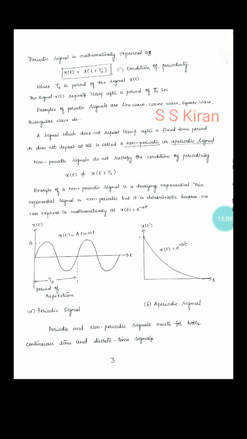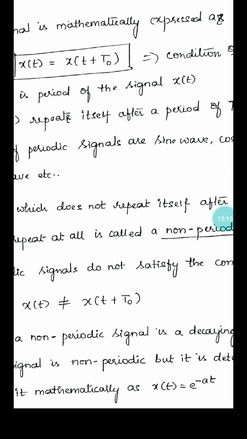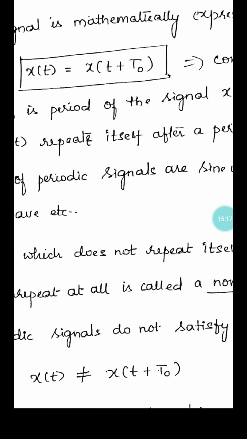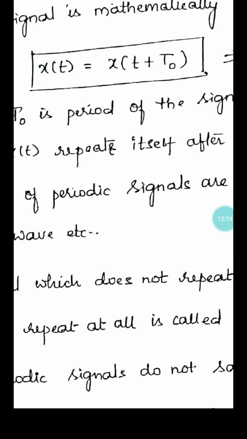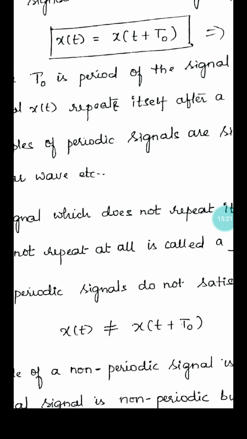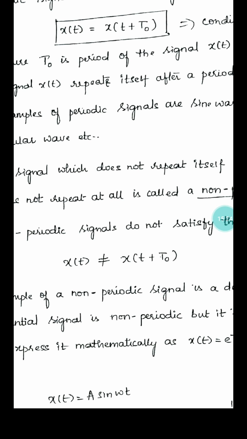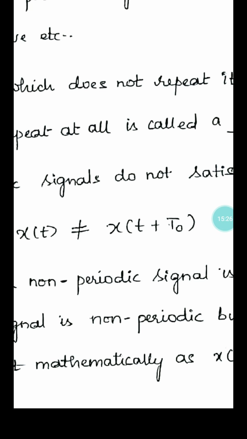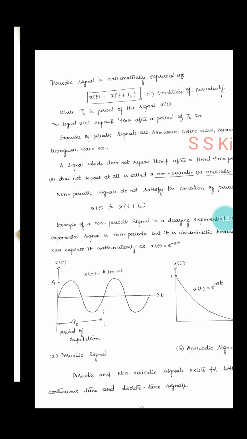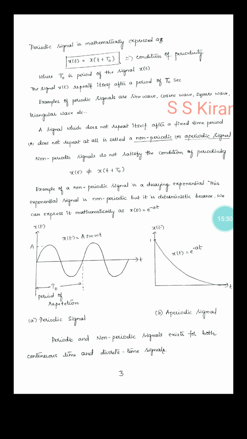The expression is x of t not equal to x of t plus t naught. Here the condition for periodic is x of t equal to x of t plus t naught. Coming to non-periodic or aperiodic, the condition is x of t is not equal to x of t plus t naught. You can also see an example.